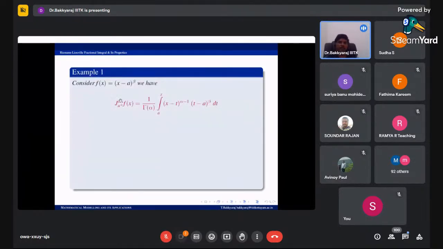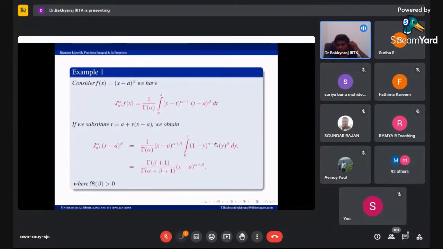So this is the Riemann integral of a power function of order alpha. Here you substitute f of x equal to (x minus a) power beta. Using this simple substitution, you rewrite this integral and you end up with a beta integral.